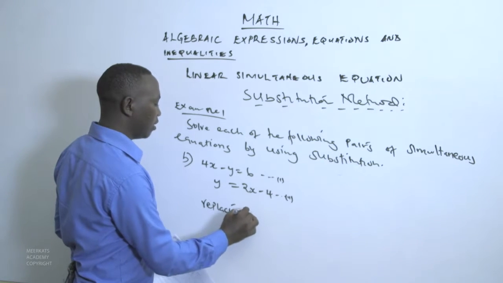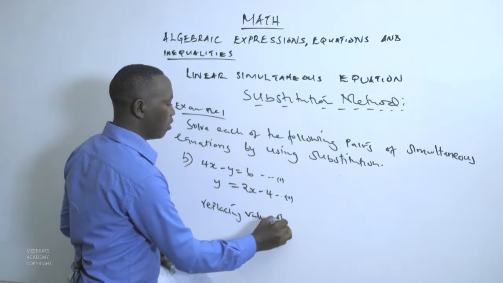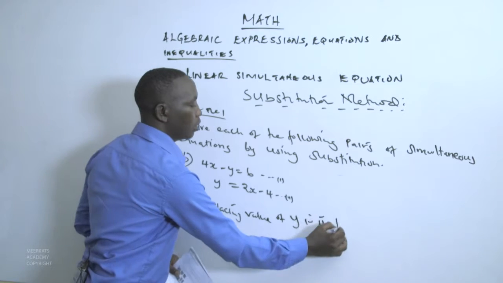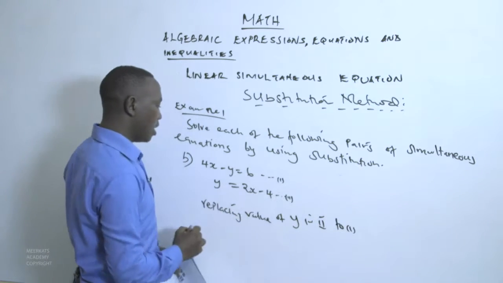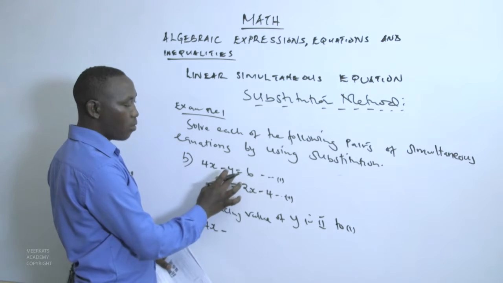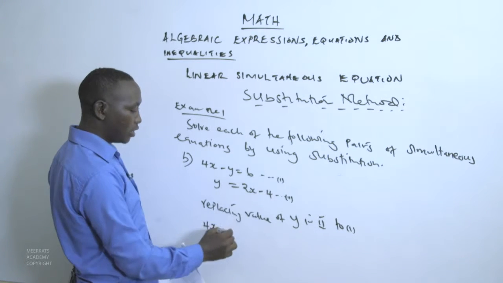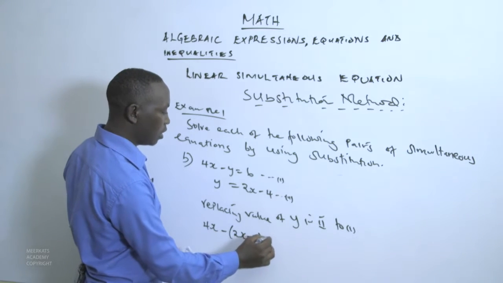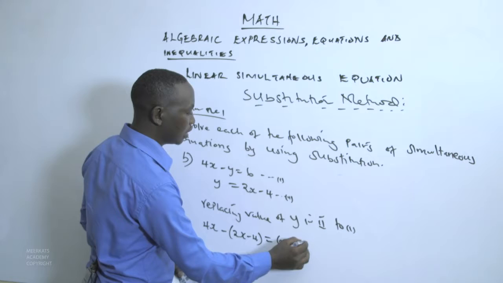So replacing the value of y from equation 2 into equation 1, we'll have 4x minus y. Y is now 2x minus 4. 2x minus 4 is equals to 6.